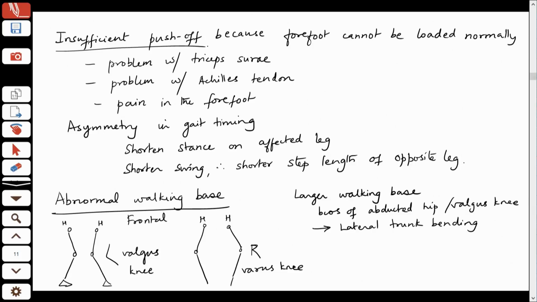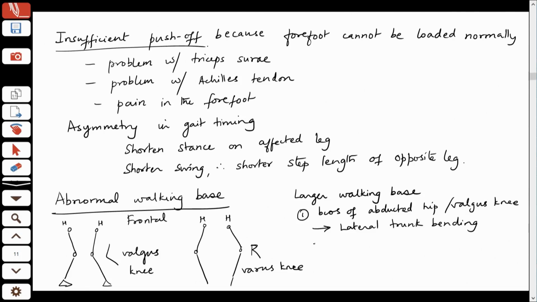Or you may adopt a larger walking base to have a sense of security, because in double support, your base of support is defined by your walking base. So, you may choose to spend more time in double support with a wider walking base because you have a fear of falling. That could be because your proprioception is affected. Remember, I told you about proprioception, your ability to figure out where your limbs are in space.